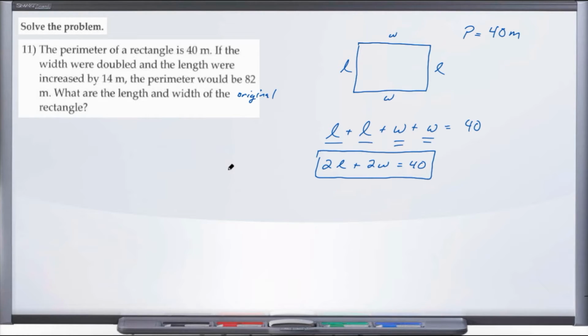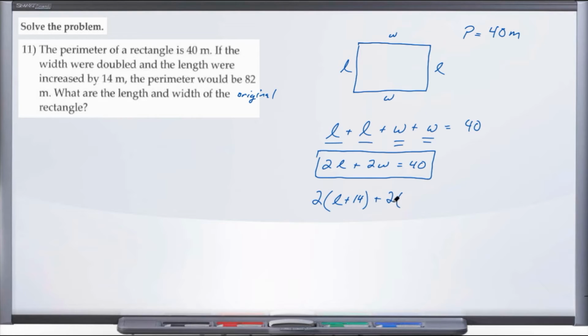So now they're telling us that the length has increased by 14 meters and the width has been doubled. So let's take that information and adjust this standard equation by the new information they've given us. So now we're saying the length has increased by 14 meters, right?